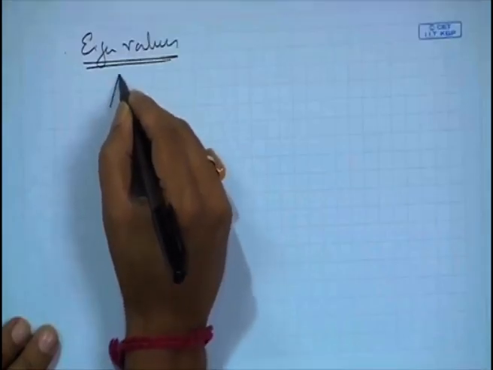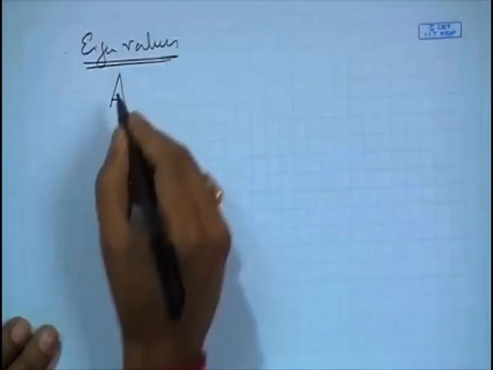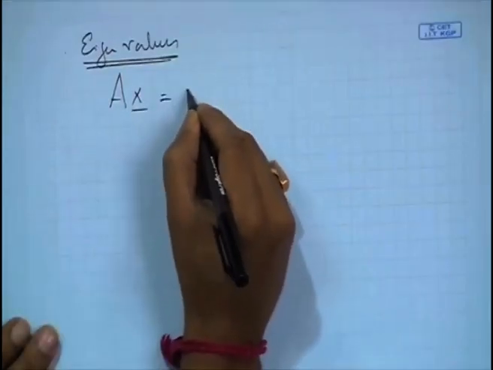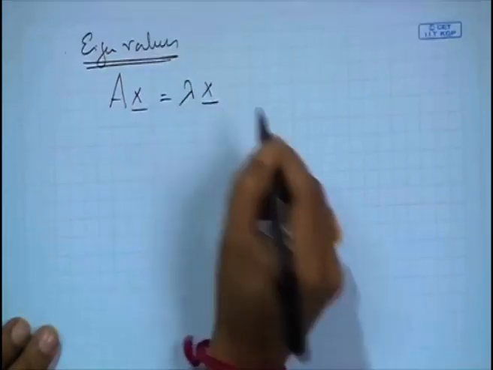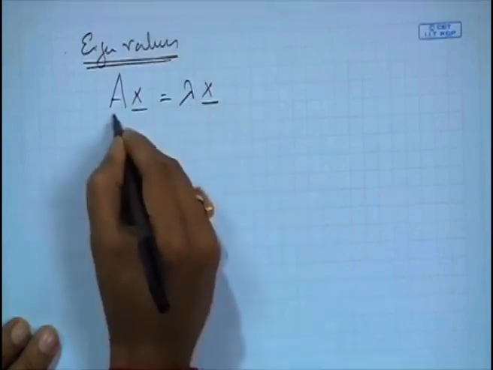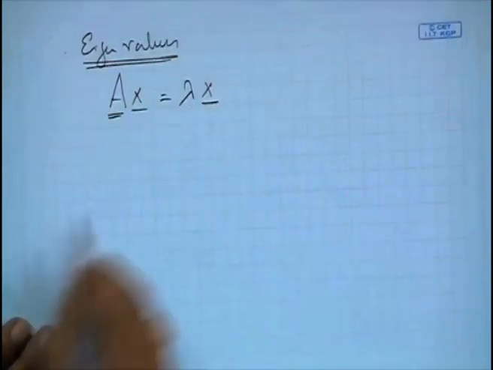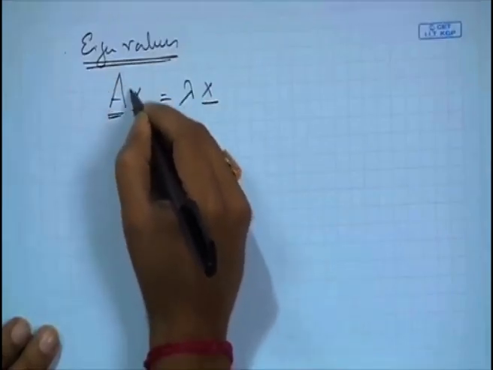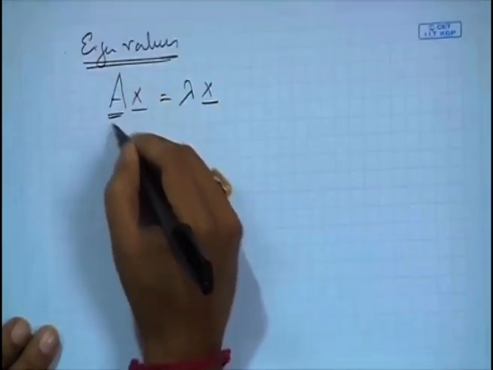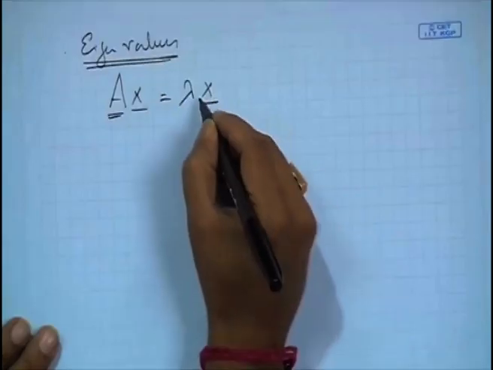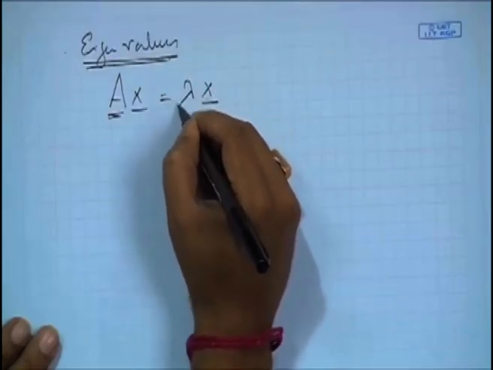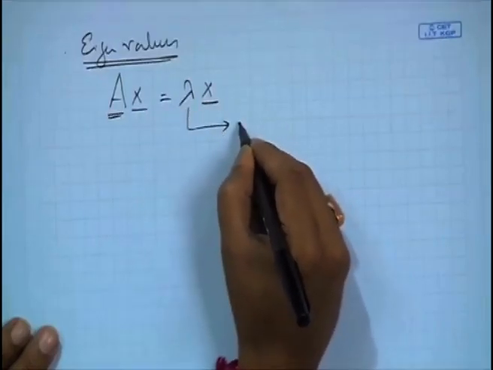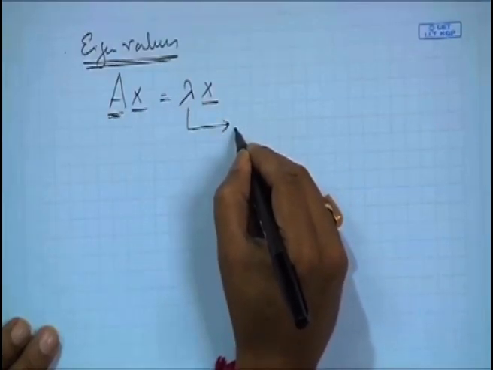If I have a matrix A and I multiply it with a vector, which is known as the eigenvector, I get the vector back itself along with the eigenvalue. So this eigenvalue tells us whether, by this operation of the matrix, the vector has become something different or has remained the same.